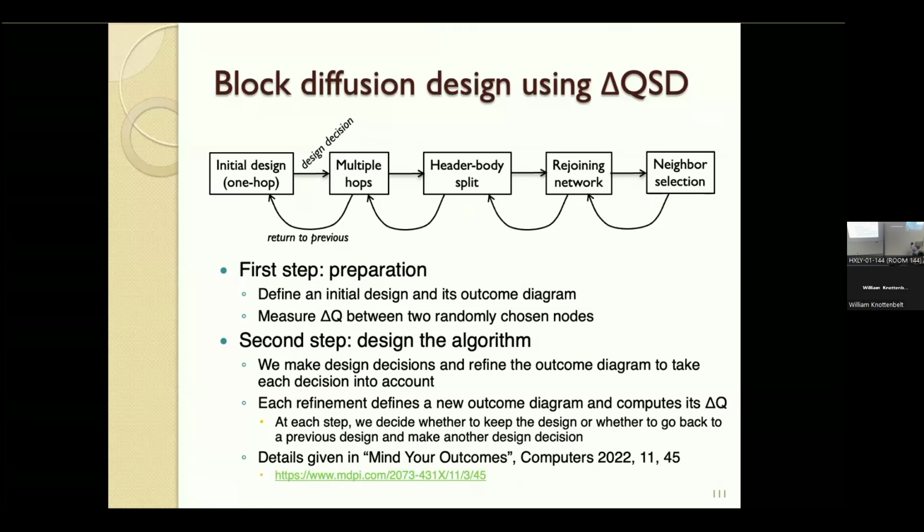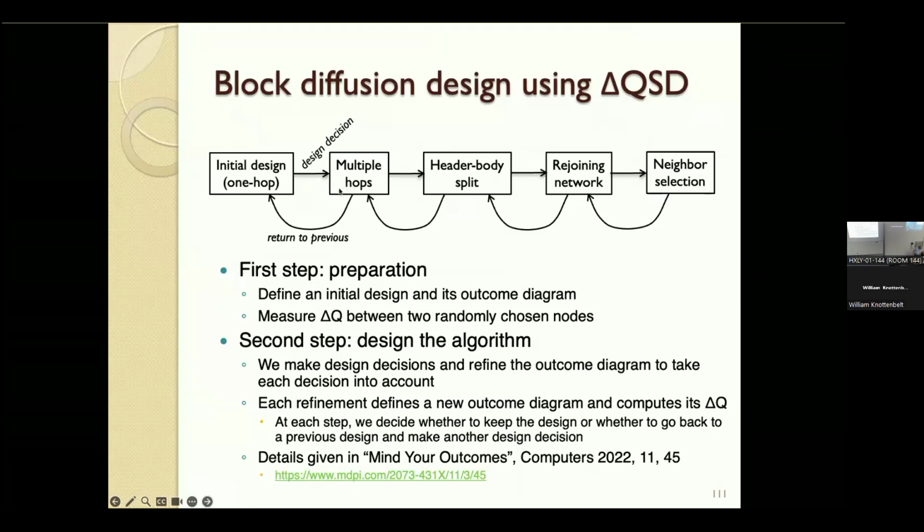You want to compute the delta Q for these different possibilities so you can find the best algorithm. The diagram here is a collapsed version of the design space tree you saw before. The initial design has one hop.